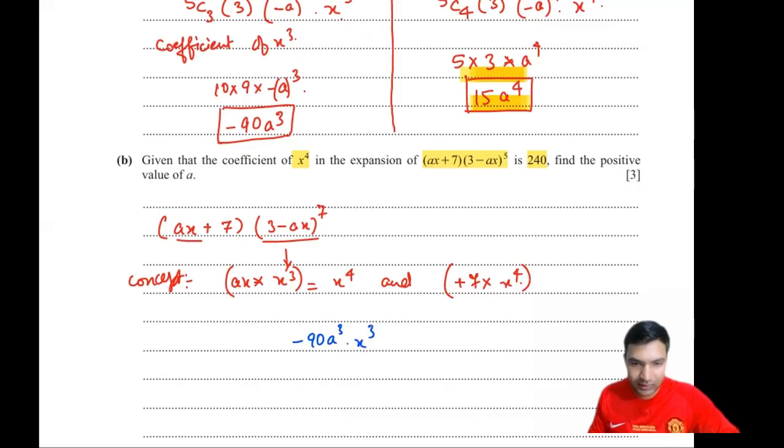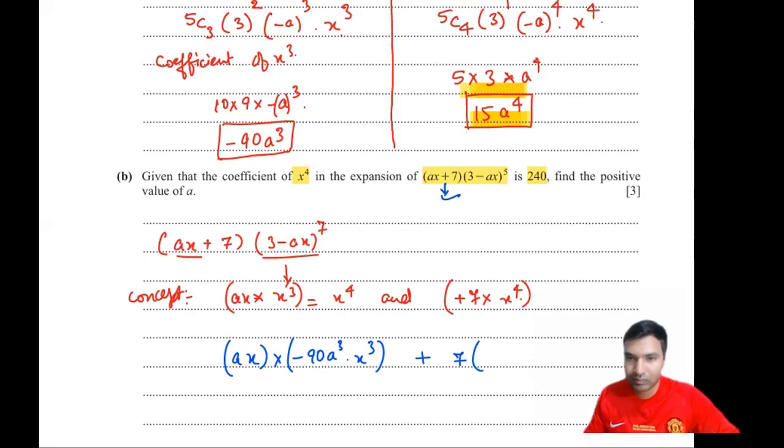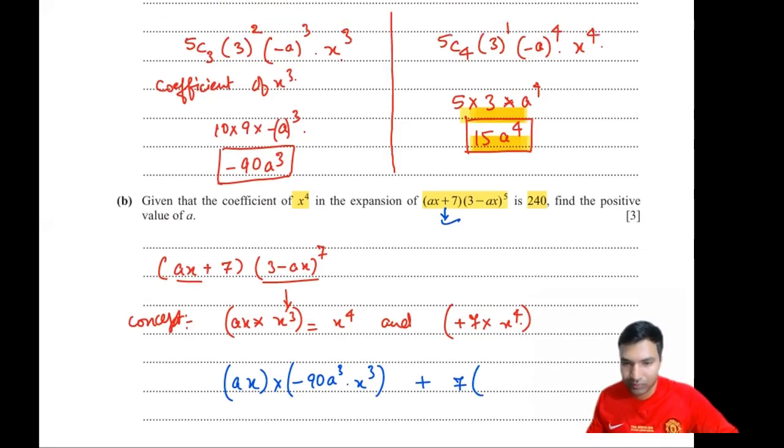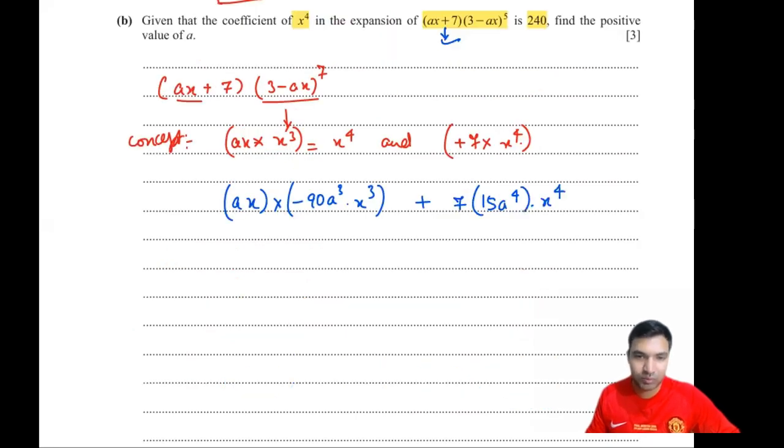And what is the ax term? Ax is this multiplied by this. Plus, because plus 7 is here, plus 7 times the x power 4 term over here. So what is the x power 4 term? We get 15a to the power 4 multiplied by x power 4. So this is what we will get when we expand this.